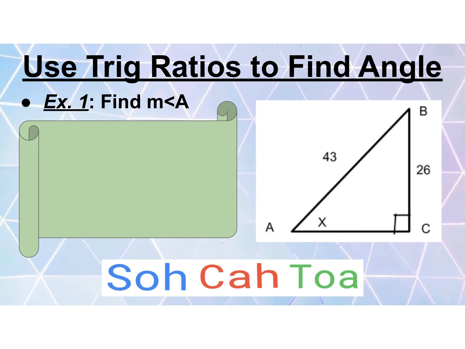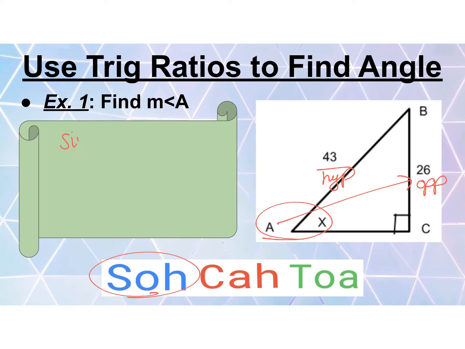So let's jump right in. I'm going to switch colors again. And here I don't know what angle A is. That's what we're asked to find. So I'm going to look at what I have. I have opposite and hypotenuse, which means I'm going to be using sine. So I'm going to say the sine of A equals 26 over 43. I don't know what A is, so I'm going to say angle A equals the inverse sine of that fraction.